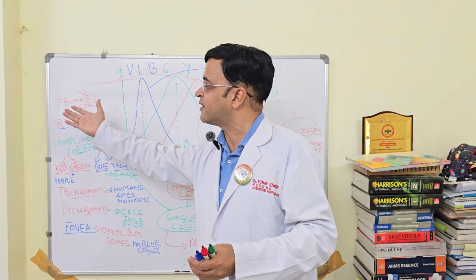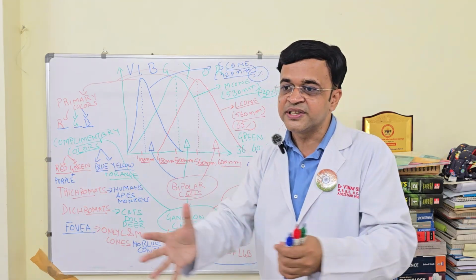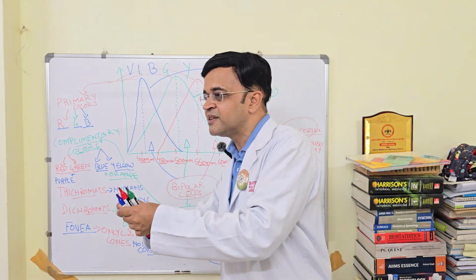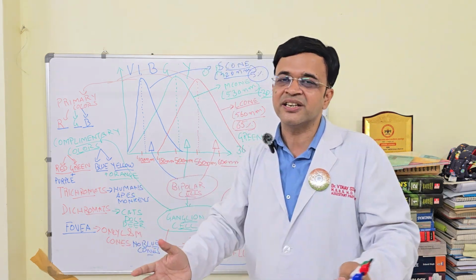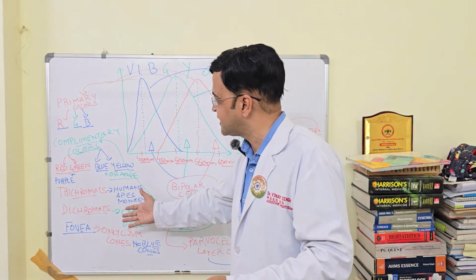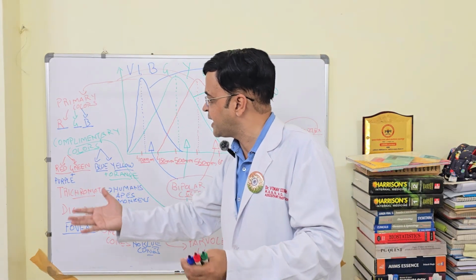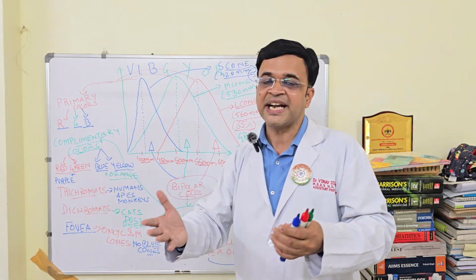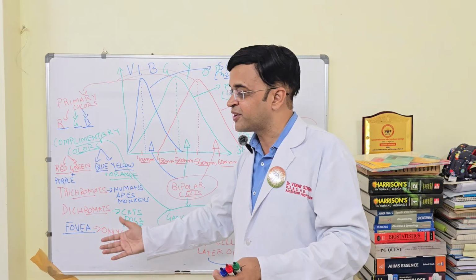Our primary colors are red, green and blue. If we mix these colors in equal proportion, we get white. If we mix these colors in varying proportions, we can get any color out of the 10 million hues of colors which we can see. Humans, apes and monkeys are trichromates. Cats, dogs and deer are dichromates.